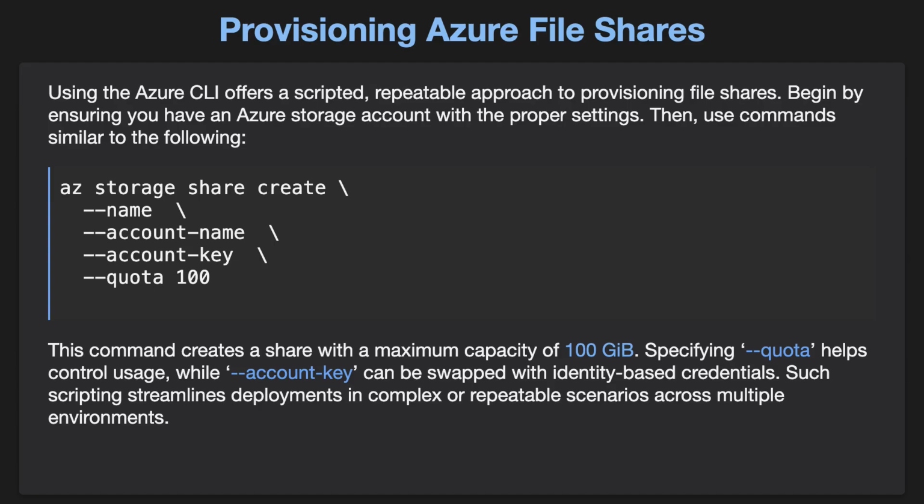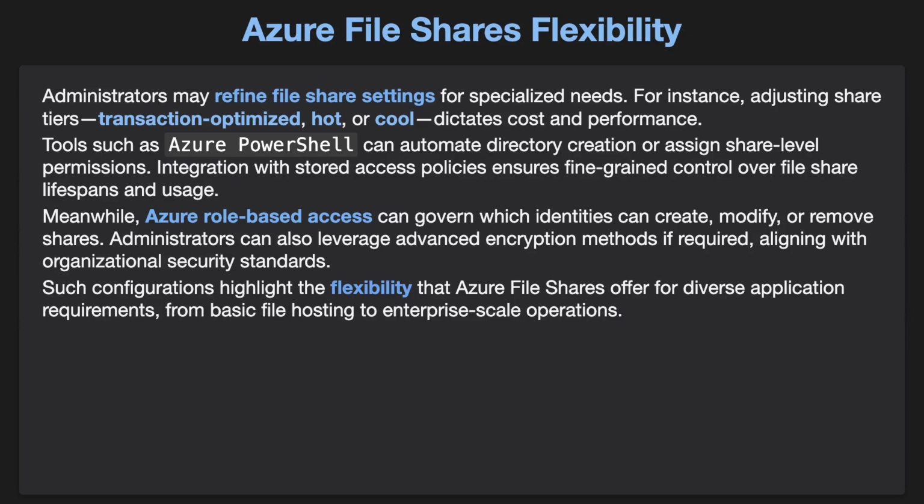This command creates a share with a maximum capacity of 100 GB. Specifying quota helps control usage, while account key can be swapped with identity-based credentials. Such scripting streamlines deployments in complex or repeatable scenarios across multiple environments.